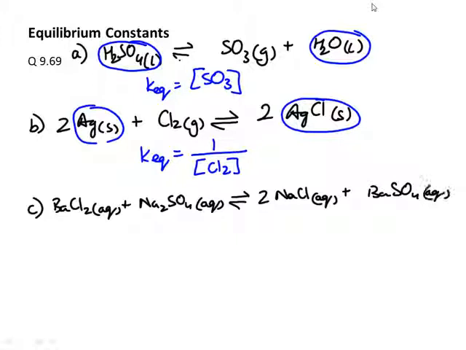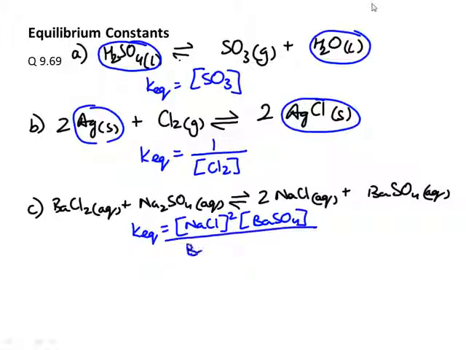Now here all the substances in this equation are solutions, so they will all make it into the equilibrium constant equation. So sodium chloride concentration raised to 2 times barium sulfate concentration, divided by barium chloride concentration times sodium sulfate concentration.